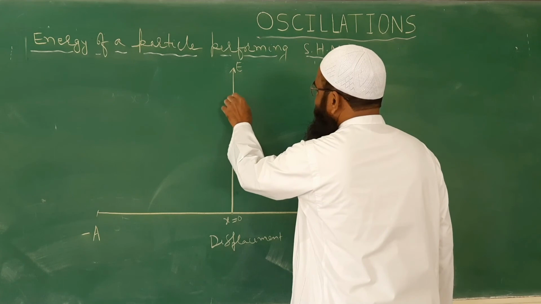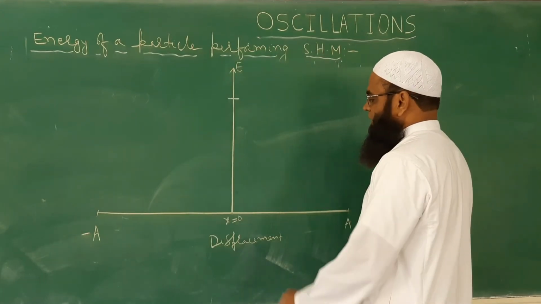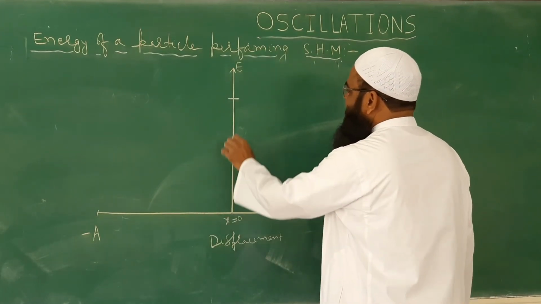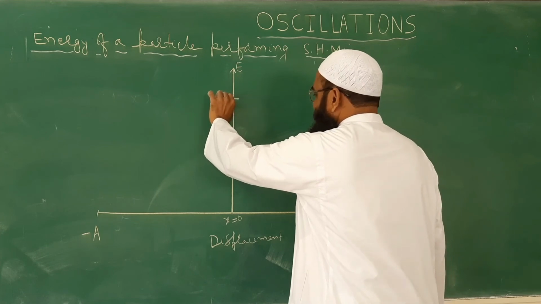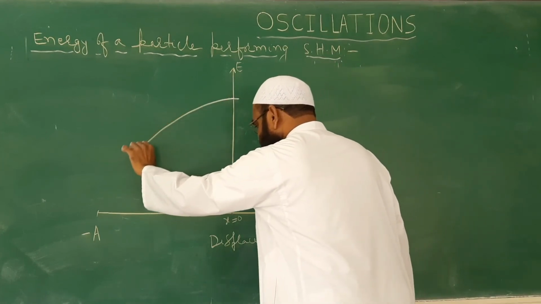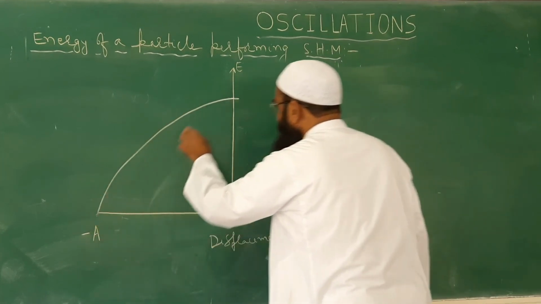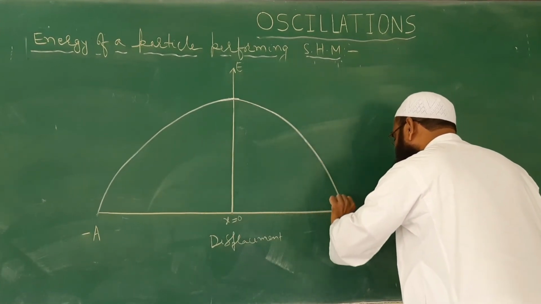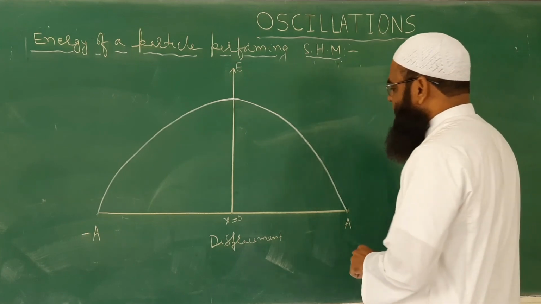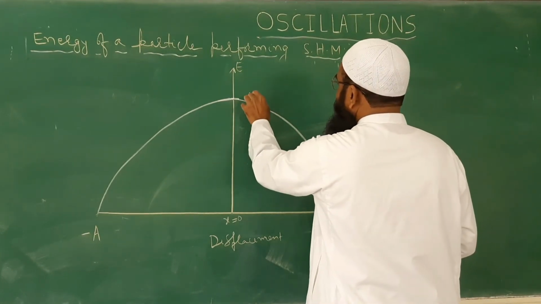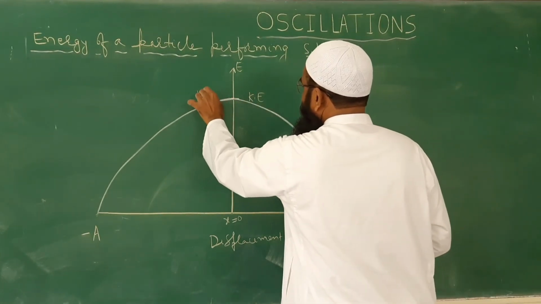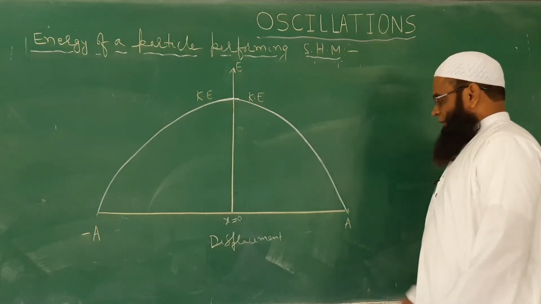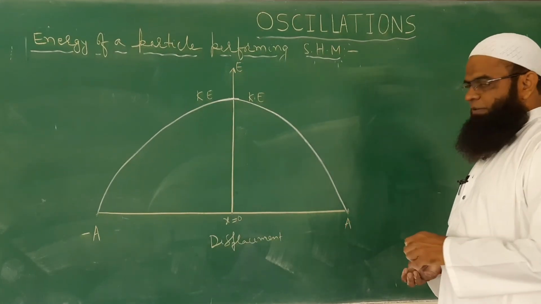Let us suppose that this is the total energy of the particle. As the particle goes away from the mean position, kinetic energy decreases and becomes 0. Similarly, when the particle goes to the right extreme point, kinetic energy again becomes 0. So kinetic energy is maximum at the mean position and minimum at the extreme position.